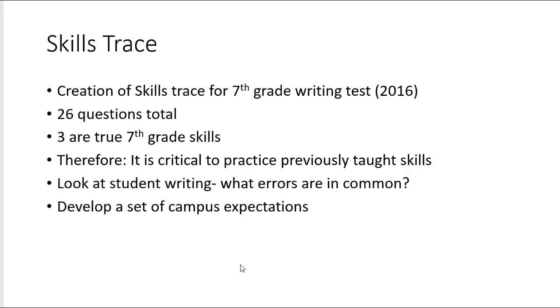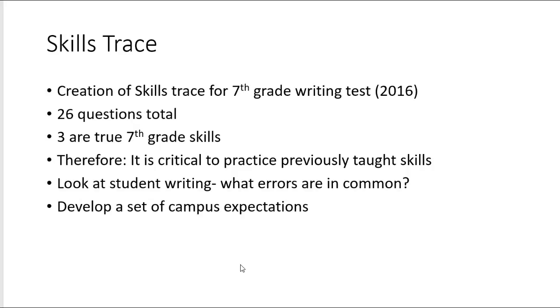And to do this, we can look at our student writing, whether it's in an essay or a reader's response or anything that the students do written, to find what errors are in common. And then we need to develop a set of campus expectations. One of the main errors we're making in all grades is apostrophes. Well, apostrophes are taught in 2nd grade.